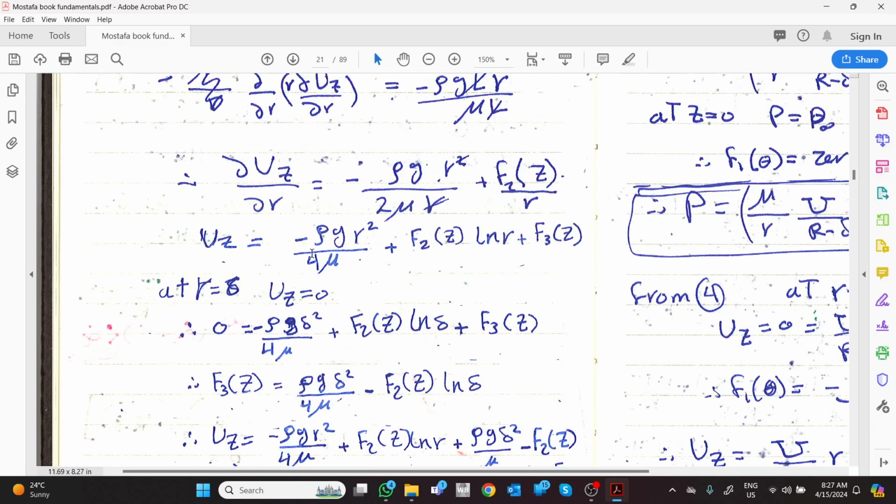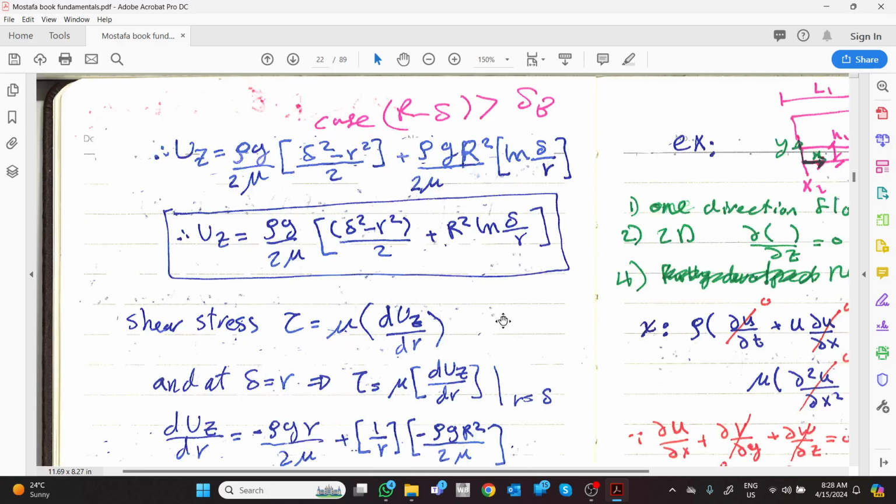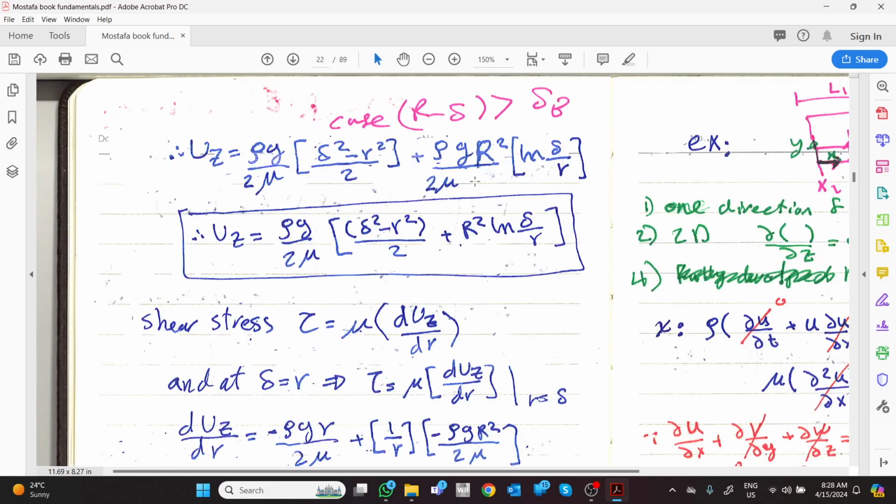Okay, return back here, del u by dz is equal 0. So this is equal 0, so this one goes here, multiply, etc. So f2 is equal, plug it again in uz, you will get this equation. Okay, so with some algebra, you will find uz.